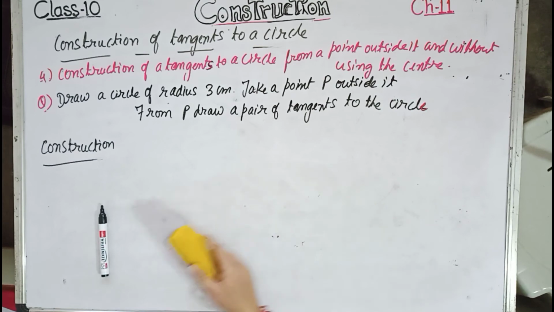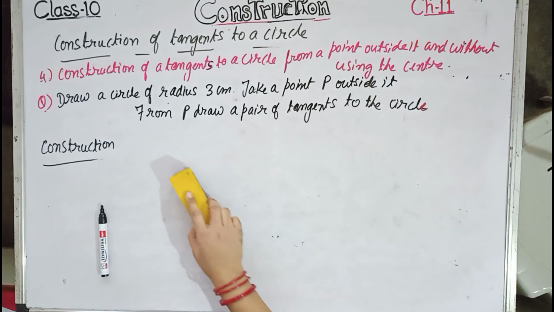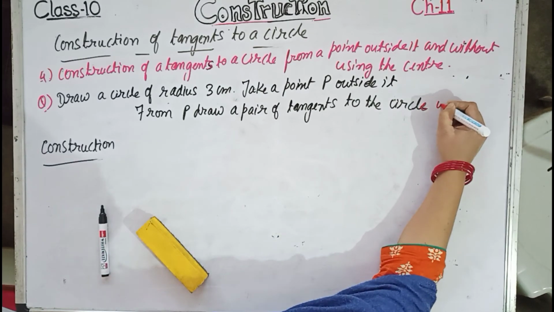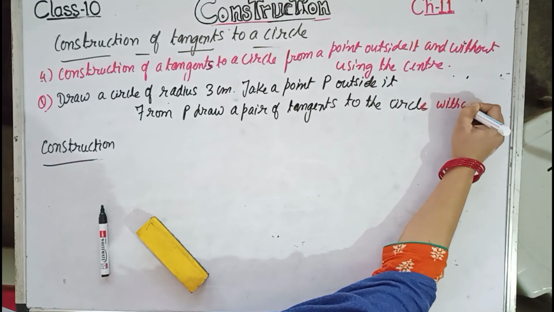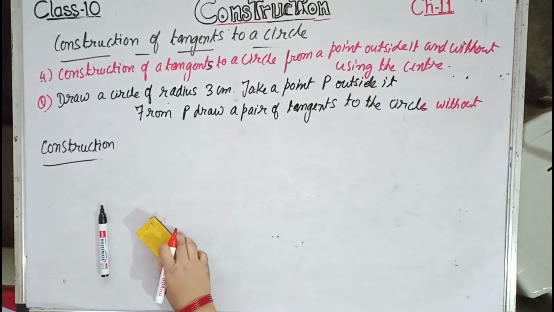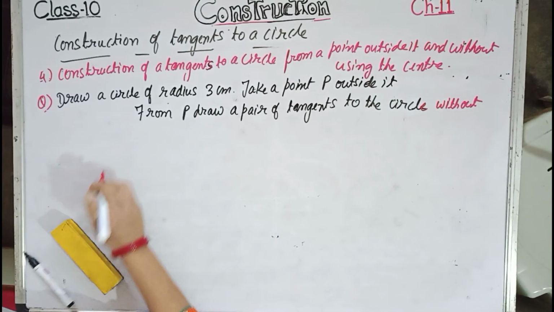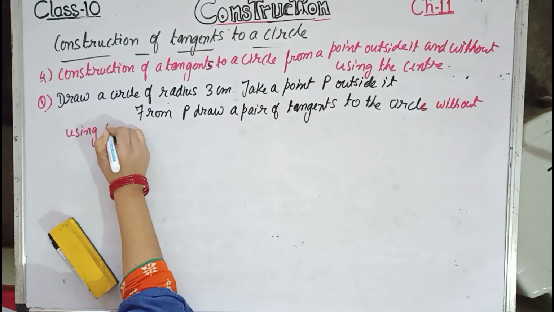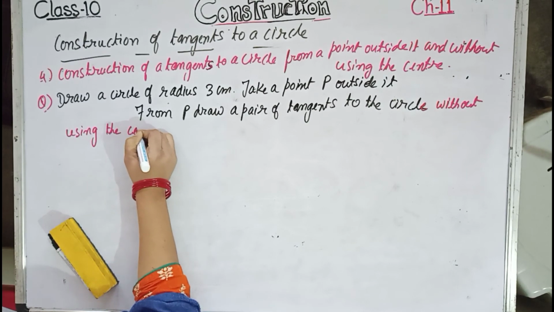Here OP will not be given. From P draw a pair of tangents to the circle without using the center.